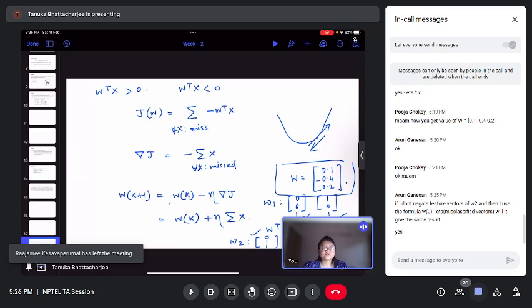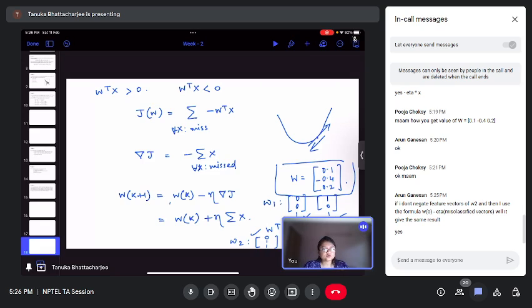Whenever you are misclassifying, that means if it is from class omega 1 and w transpose x is negative, then it is an error. When it is from omega 2 and w transpose x is positive, then it is an error.